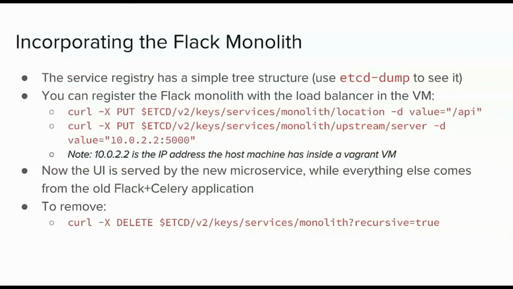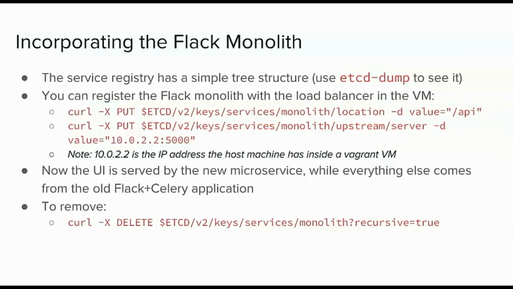Now, remember, I told you that there are 3 approaches to working with microservices, or to migrate. So imagine you have the old Flask, right? The one that runs in a single process plus Celery. Let's say you have that running in your laptop, and now we took the UI, we broke the UI service out of it, and now we have it as a separate service.